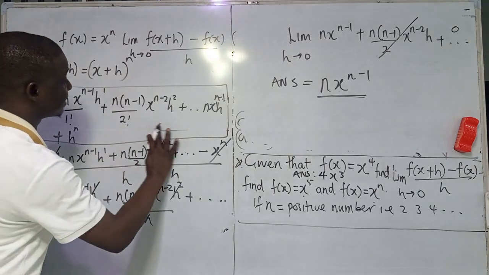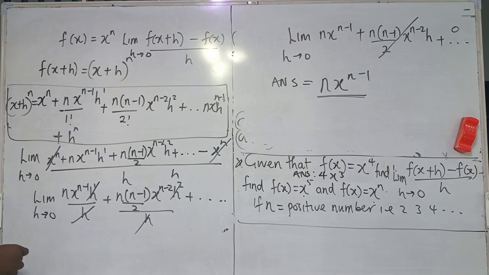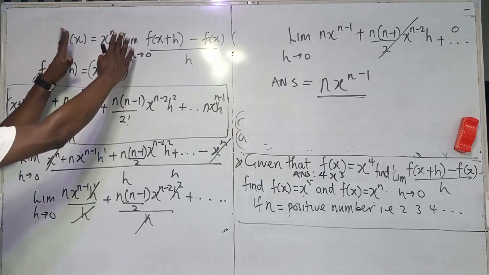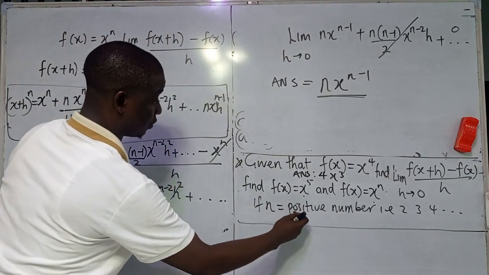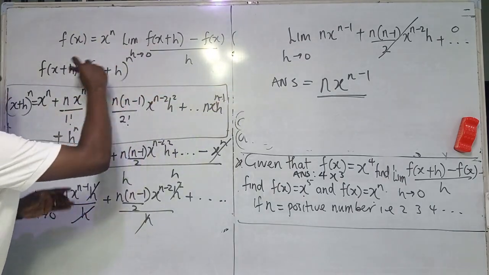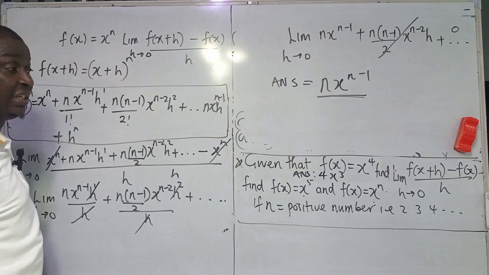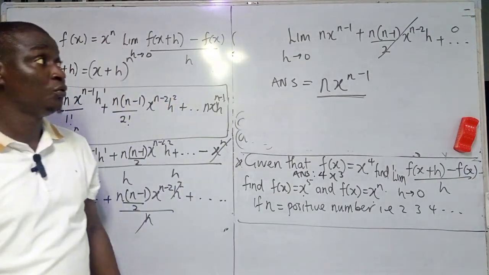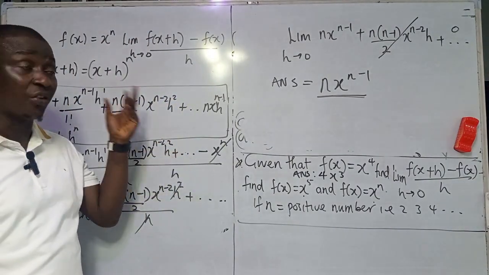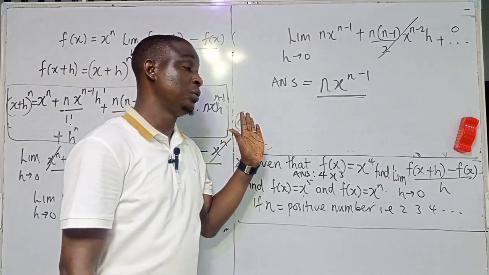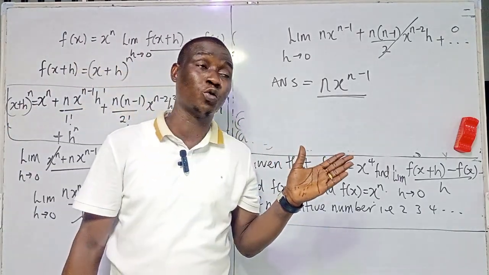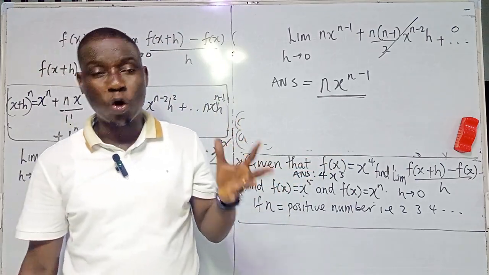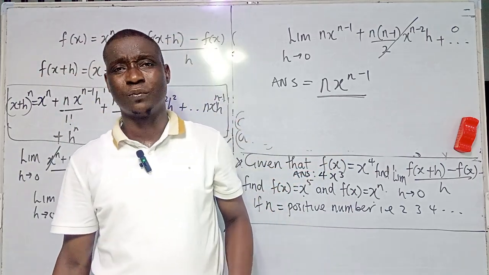If you can understand that expansion, you are good to go. Because the secret of this deduction, of this particular equation we just got, is from this expansion. Just learn your binomial expansion. You understand? Go to my video and watch the video on binomial expansion.